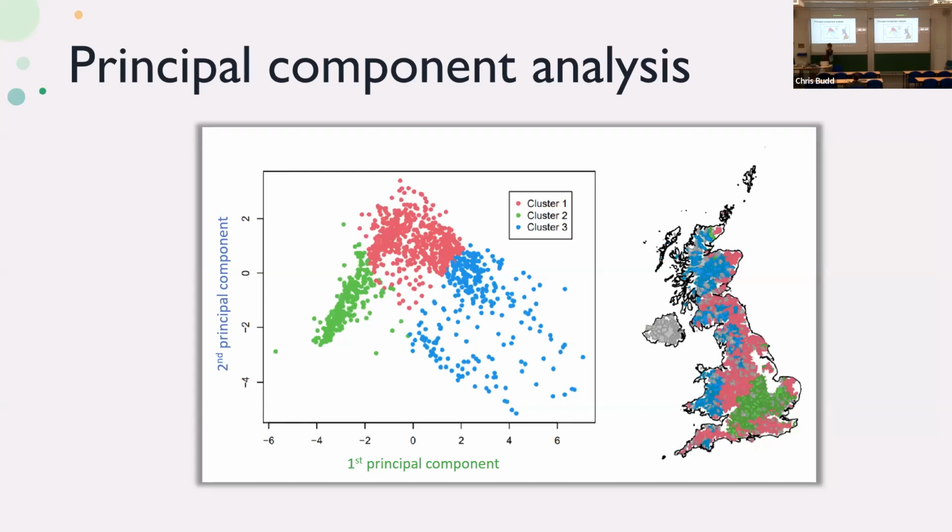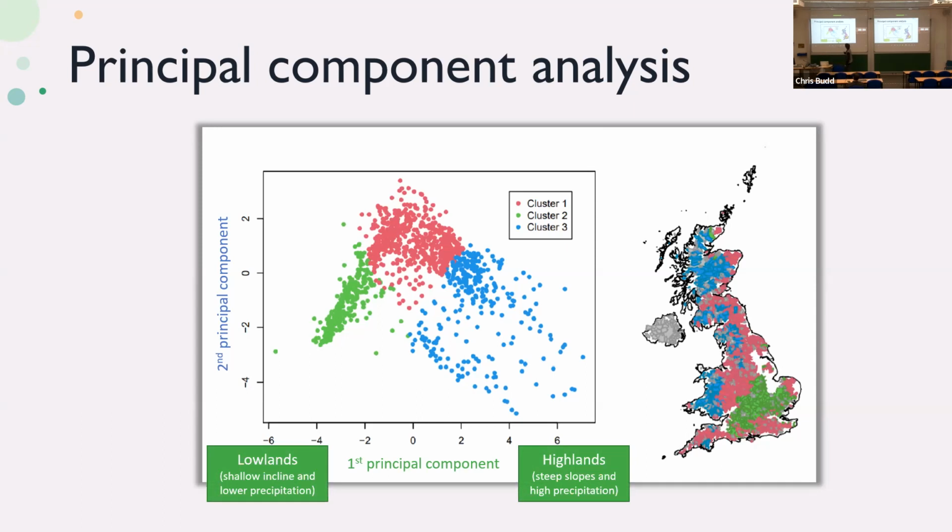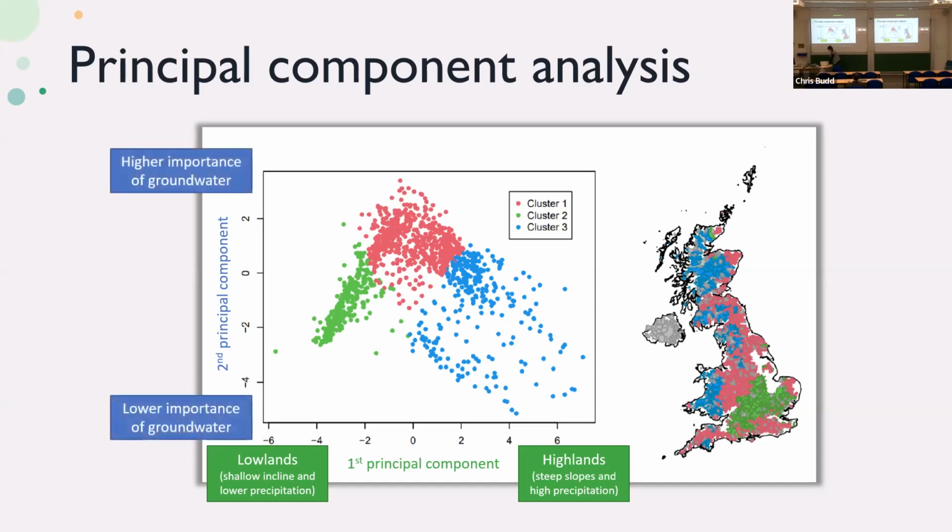Another interesting thing that we noticed is that we can use principal component analysis to understand how different parameters are correlated with each other and distributed over the UK. We can see that the first two principal components give us very important information, because the first component corresponds to the topography of the terrain, with low values corresponding to lowlands and high values to highlands, while the second component gives us important information about the importance of different flow components.